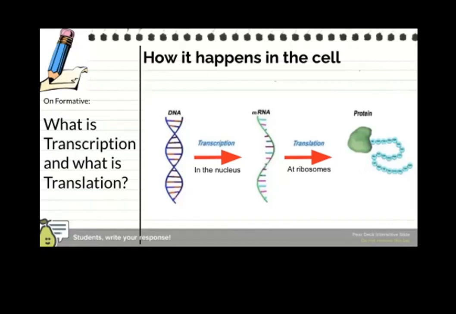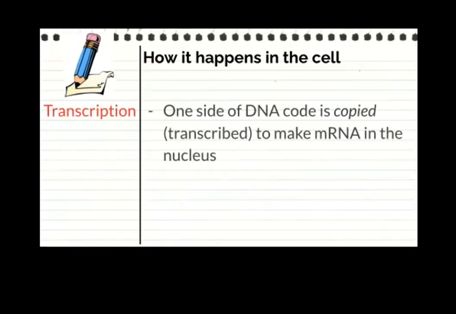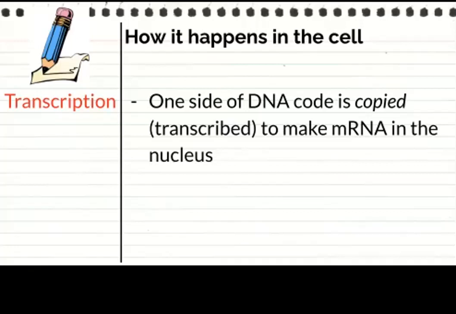Okay, so when we look at this, we are going to actually see that transcription is when one side of the DNA code is copied or transcribed, right? If something transcribes something, they make a copy of it to make messenger RNA in the nucleus. So DNA is stuck in the nucleus. It can't get out. It is such a massive biomolecule. It does not leave the nucleus. It's trapped.